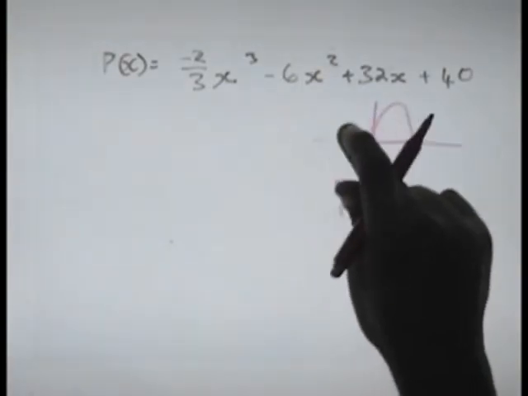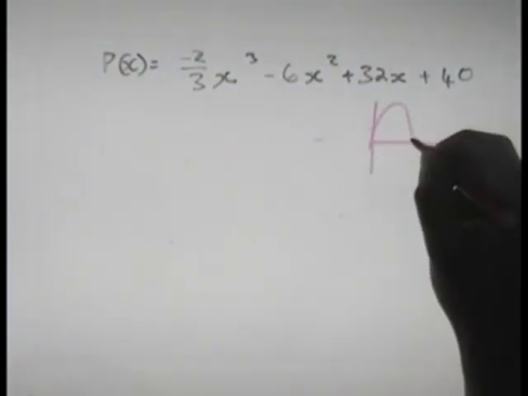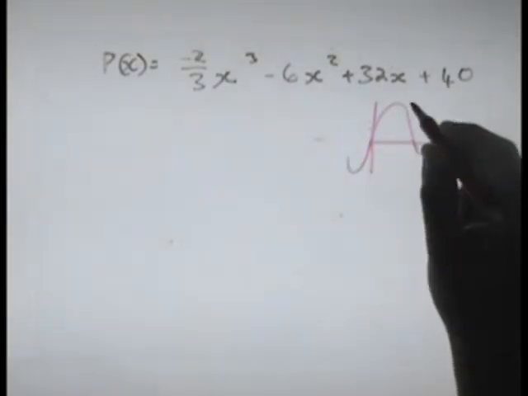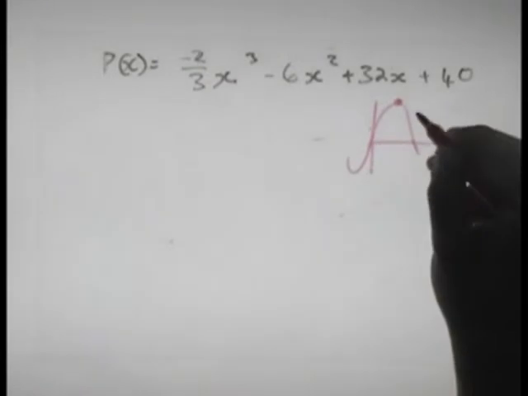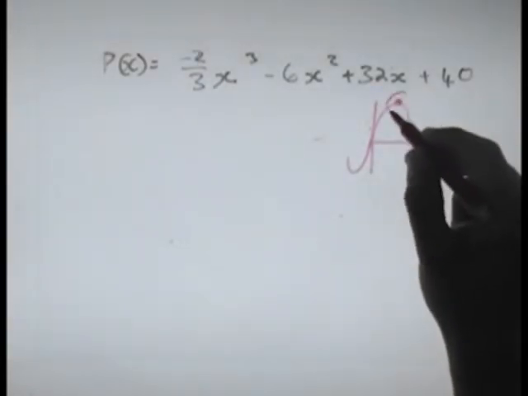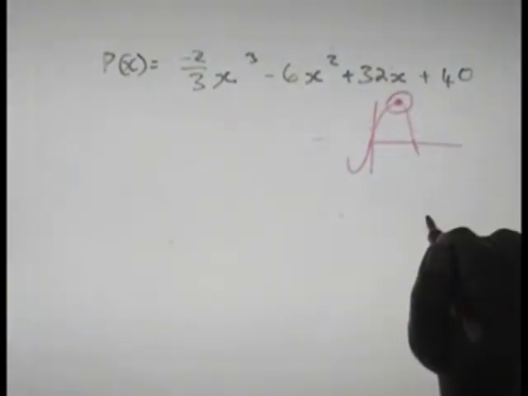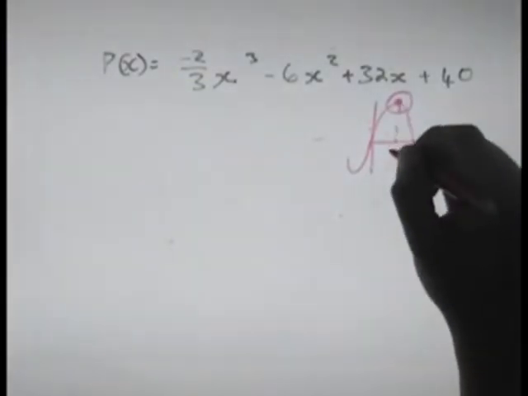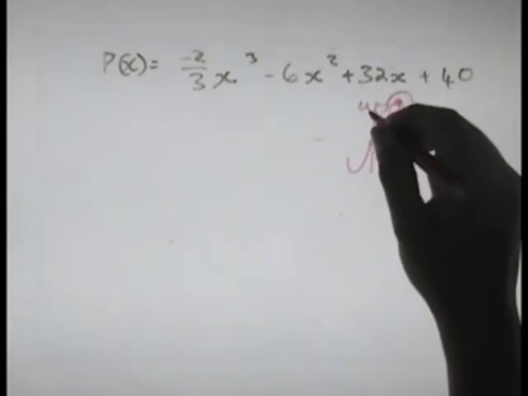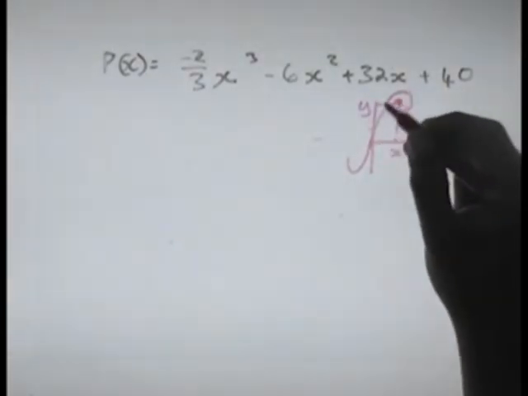So that's ruled out. But this is the balance of our graph. This is what's left over, and this here is the highest point that the graph reaches. So that would be our maximum profit. How do we get the coordinates of that point, the x value, and then the corresponding y value? How do we get to that?